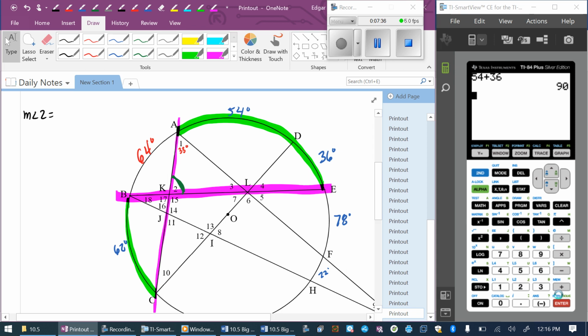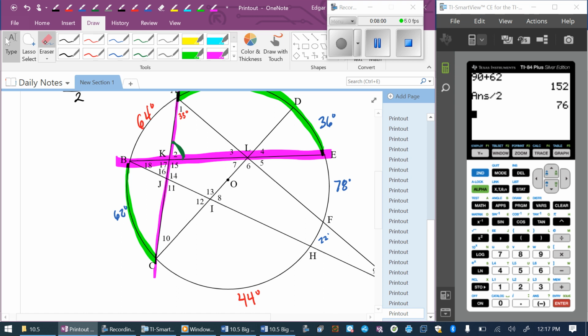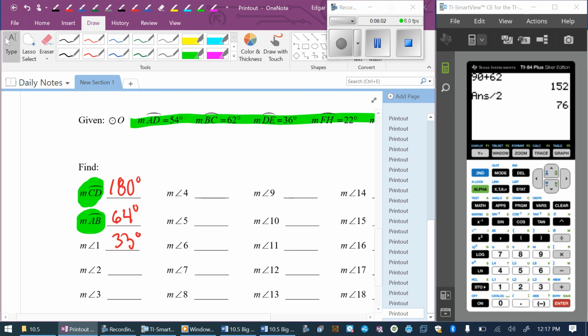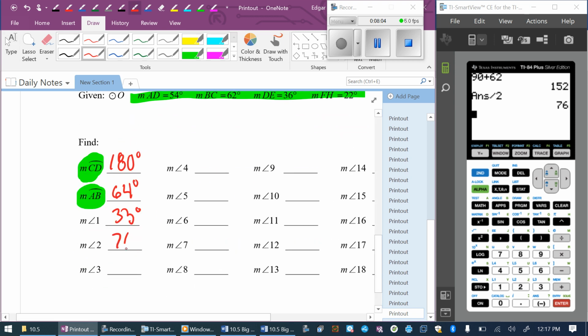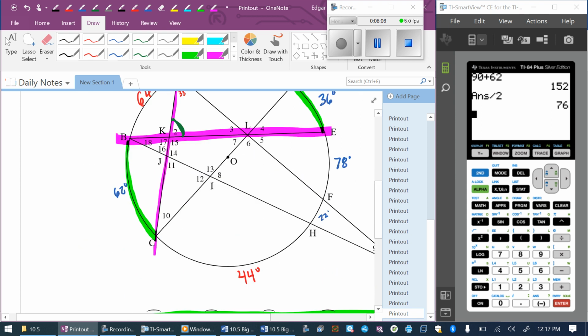So 90 plus the little arc here is 62, all divided by 2. 90 plus 62 divided by 2, we get an answer of 76 degrees. I now know what angle 2 measures. It is, once again, 76 degrees. And we're good.